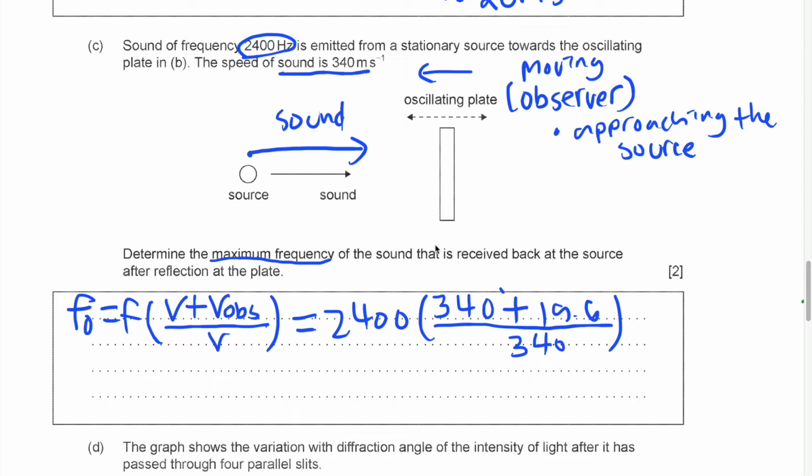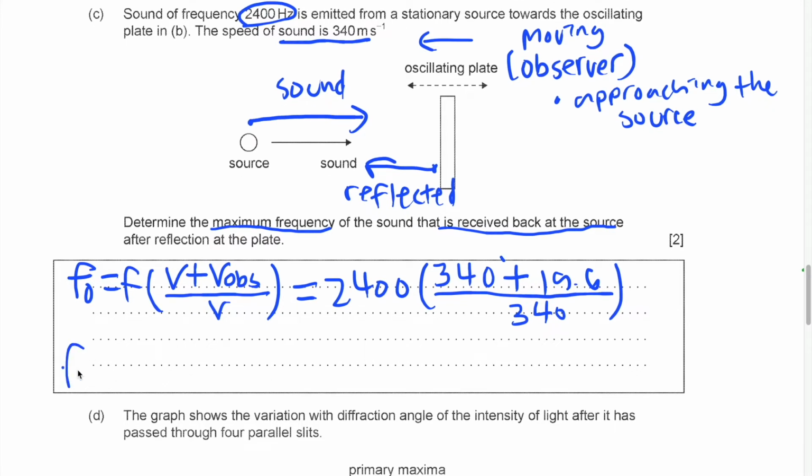But the question is asking for the frequency of the sound that is received back at the source after being reflected at the plate. So now the sound is being reflected, and we are asking to solve for the maximum frequency. Let's say the frequency here is f sub 2, and because this is being reflected, the natural frequency is equal to f sub 0 here.